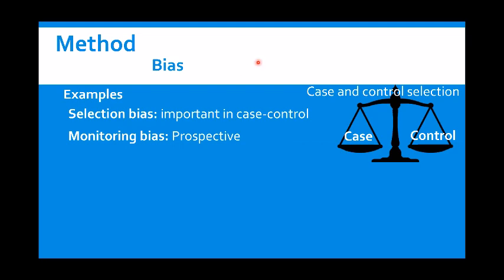Because you're monitoring, you might introduce monitoring bias. You might monitor controls better than cases, or cases better than controls, for some reason, whether intentional or an inherent error in your design, and then you have a bias.